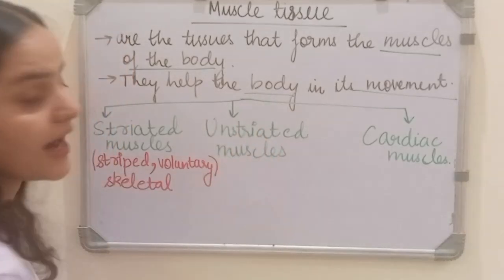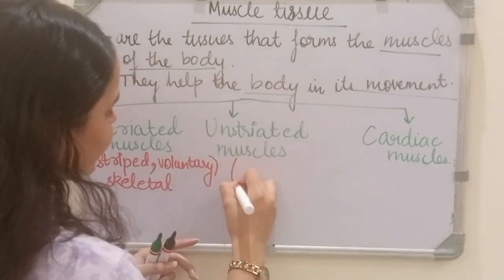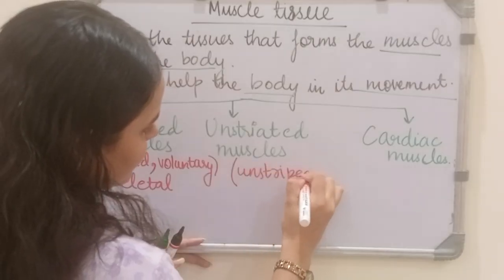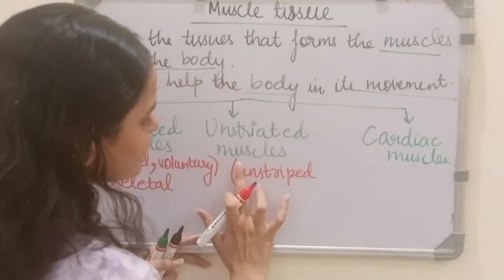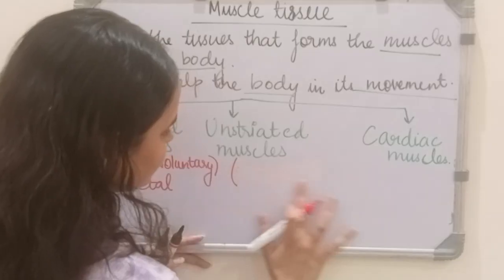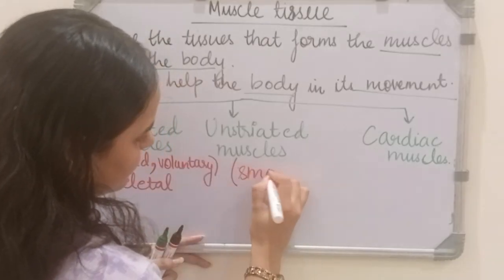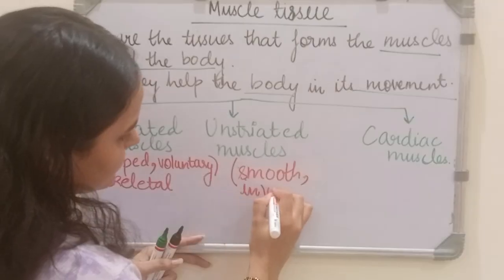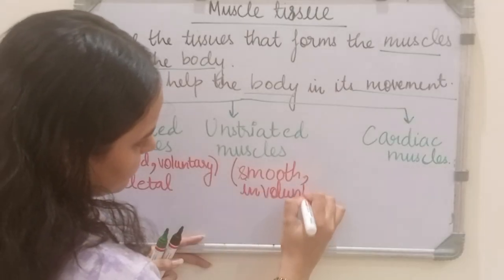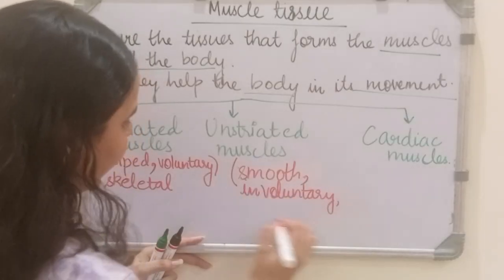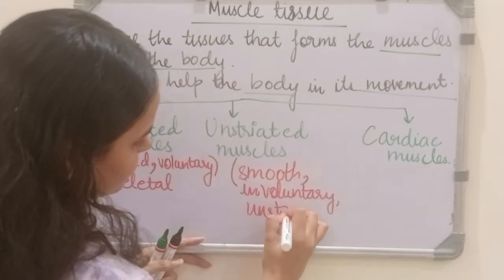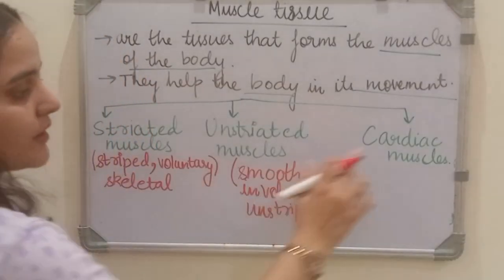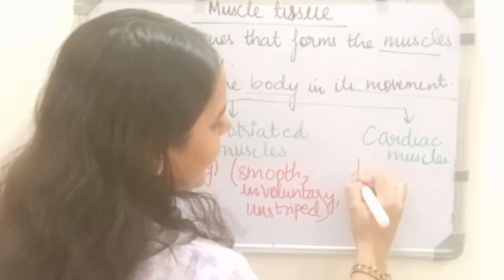Now, unstriated muscle is known as unstriped muscle, or we may say it is known as smooth muscle. Then involuntary and unstriped. Okay. Now, the cardiac muscle is known as heart muscle.